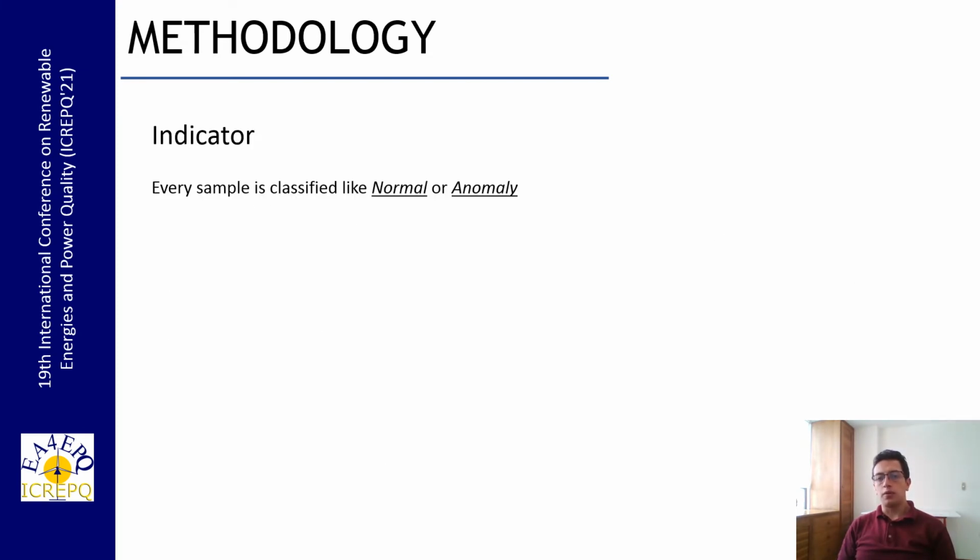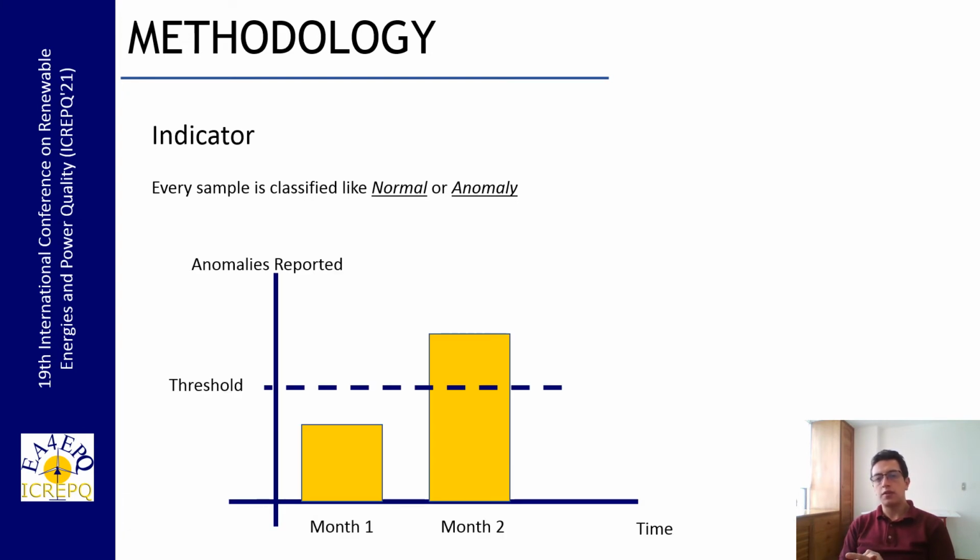The output of our algorithm is a classification into normal or anomaly sample. This classification is grouped by month, and we count the number of samples classified as anomaly. So in this example, you can see that for month 1 we have a number of anomaly samples classified, and month 2 is bigger than month 1.